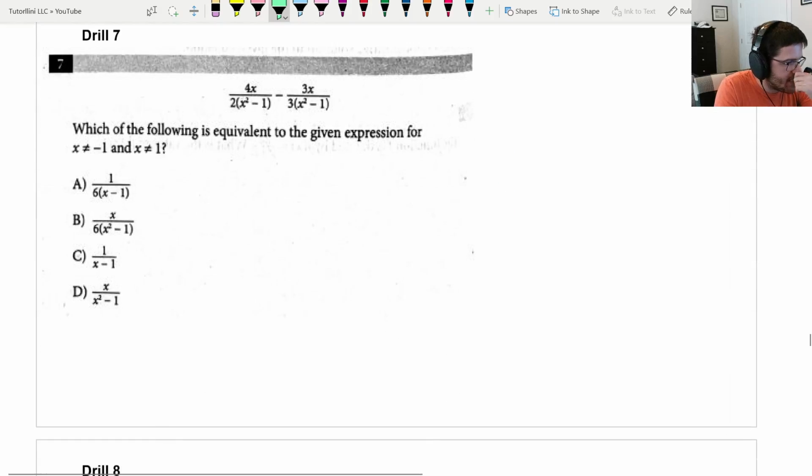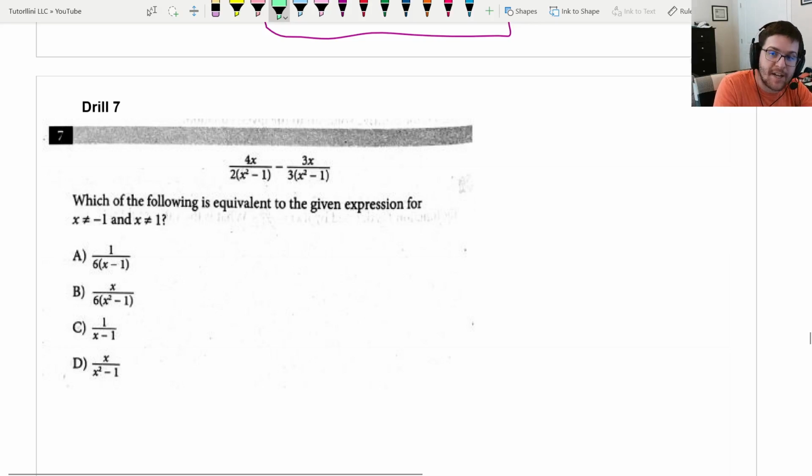Okay, we didn't do one like this. This is not an equation. It's an expression, because there's no equal sign. So we can't use clearing denominators. We have to find a common denominator. So they already have x squared minus 1, right? So they have a 2 and 3.